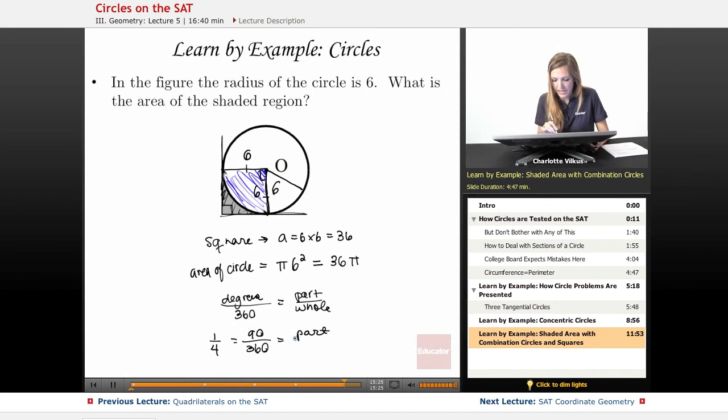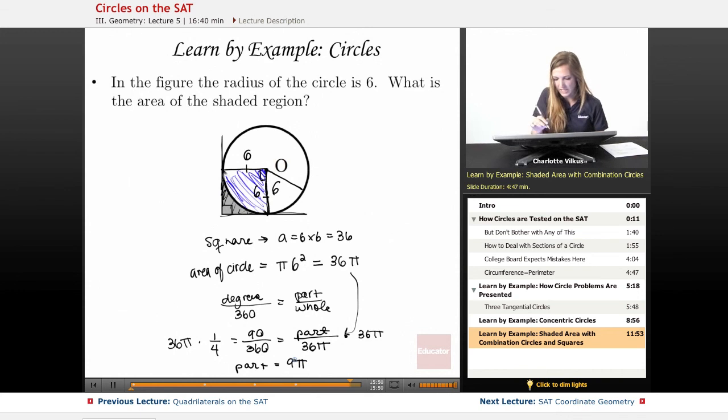So the area that we care about, that part over the whole area, 36 pi. I just multiply both sides of the equation by that, and I have from there that this is equal to 9 pi.